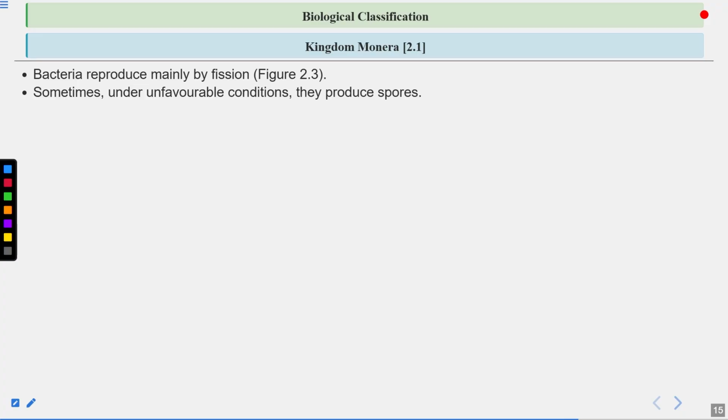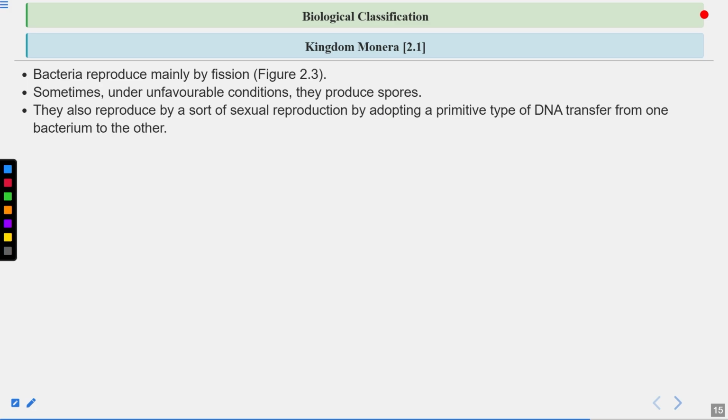Sometimes under unfavorable conditions, bacteria may produce spores. This is a survival strategy. When favorable conditions return, meaning optimum temperature, optimum pH and optimum moisture, the spores can germinate again and form a vegetative cell which is capable of growth and reproduction.